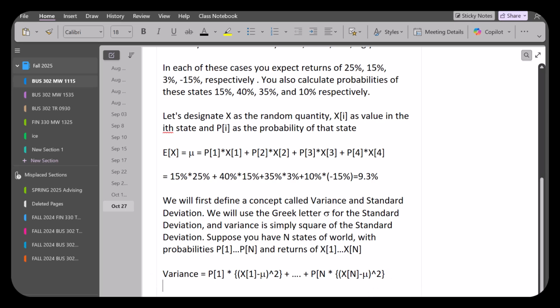Nice thing about this is we can actually simplify this in a different way.